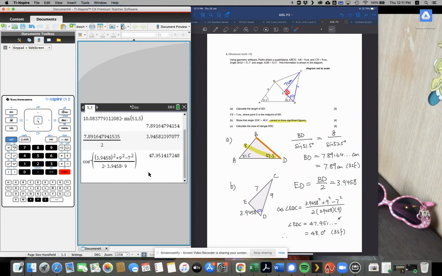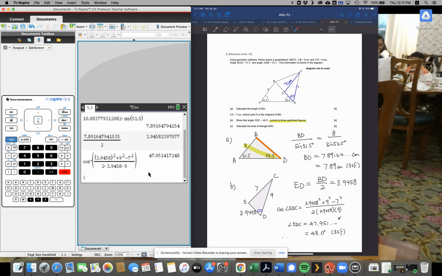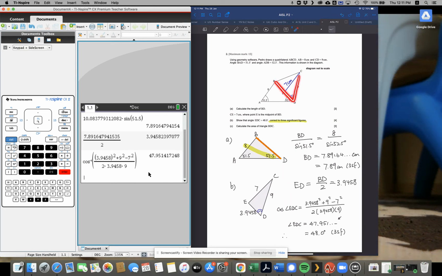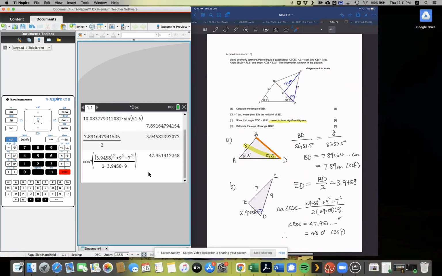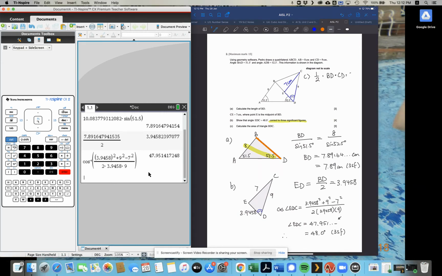But there was no indication that this is a right angle. Therefore, we can't do that. We need to use half AB sine C to work out the area of this triangle.